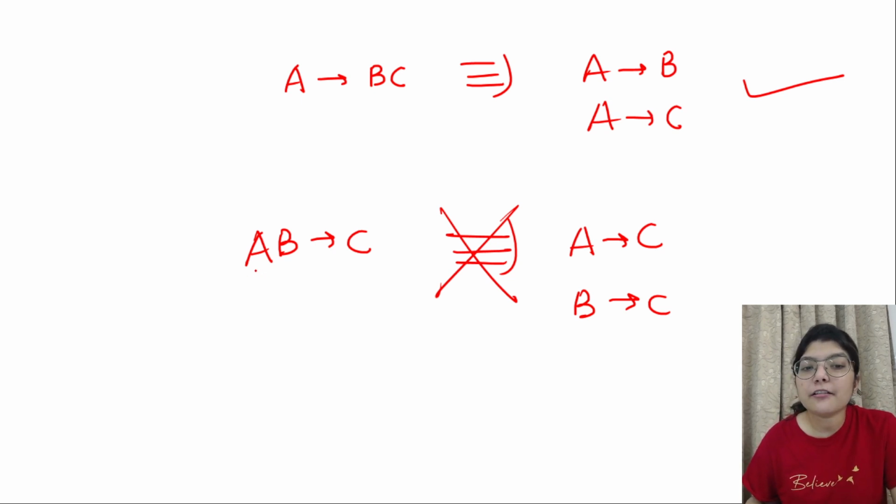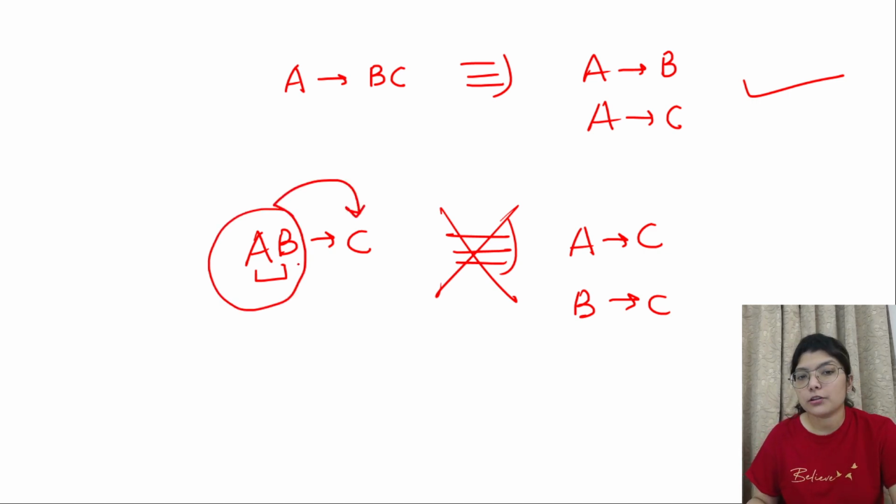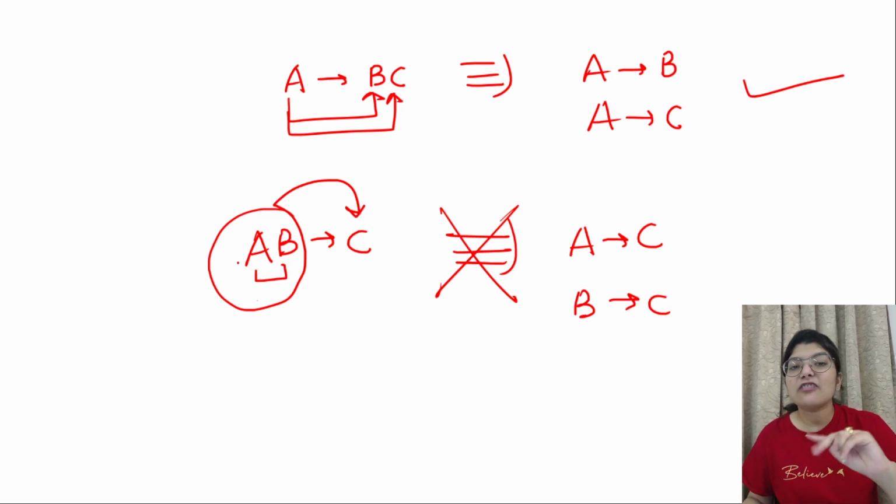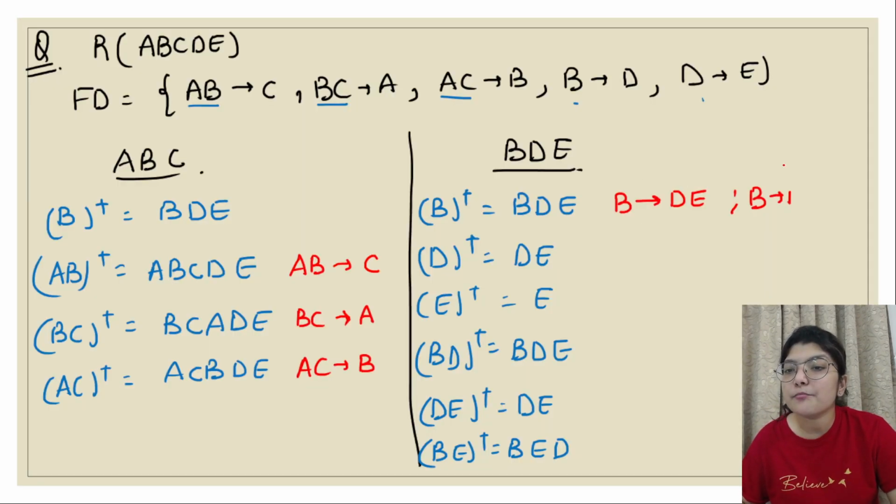But if you have two attributes on the left hand side, you cannot break them, because their combination is determining this attribute. Here A is able to determine B also and A is able to determine C also, but AB together is determining C. So I can write B determining E and B determining D, which is equivalent, but if there were two attributes on the left hand side, I could not have written like this.